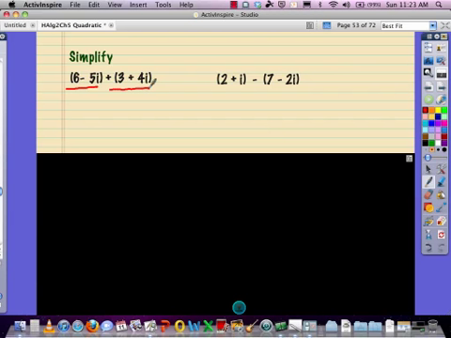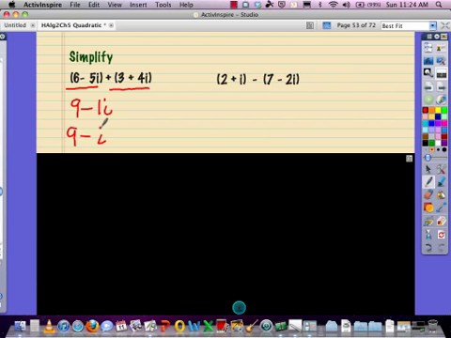So it's sort of like collecting like terms. Think of it that way. So 6 plus 3 is 9. A negative 5i plus 4i is negative 1i. If you don't like writing your ones, you could get away with just negative i, and that would be in the form of a plus bi. It is a complex number. So we added two complex numbers and we got a complex number.